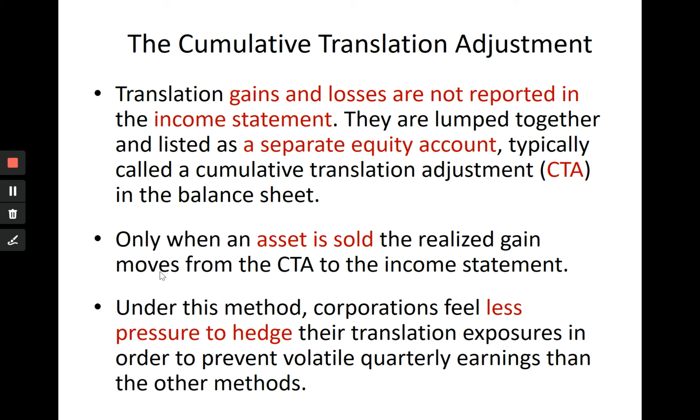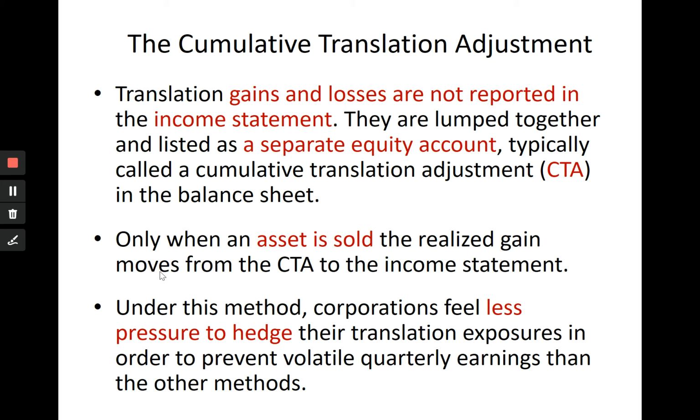Any losses are carried in a separate account, and reported in that account. Gains are also reported in that account. And until the multinational company sells this subsidiary, those losses or gains are not realized. Therefore, we are spared from that dreadful volatility that imposes additional risk on the company and lowers its value.